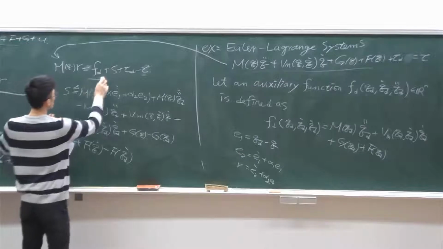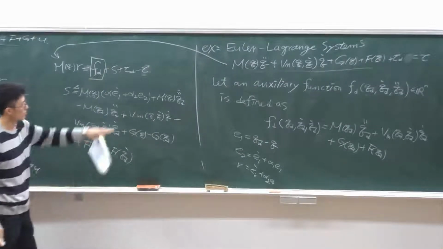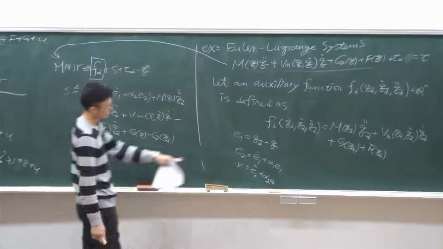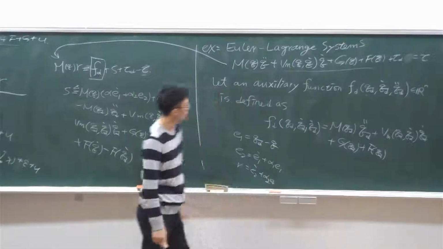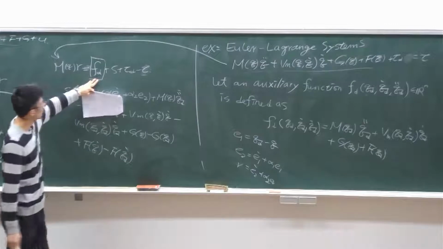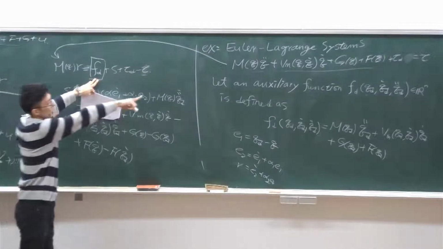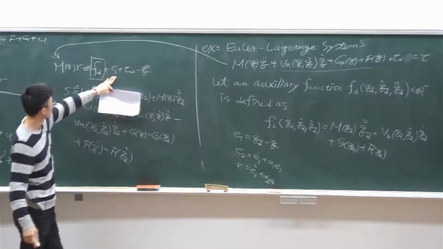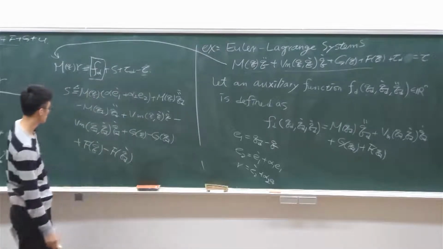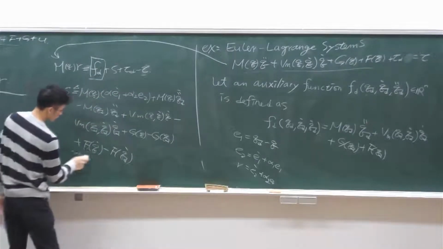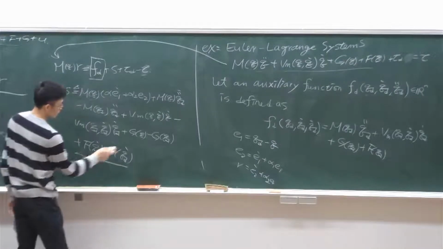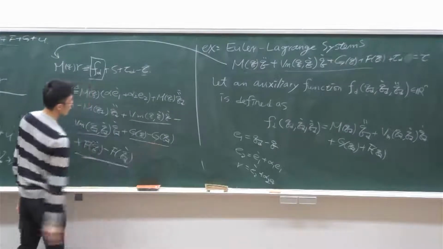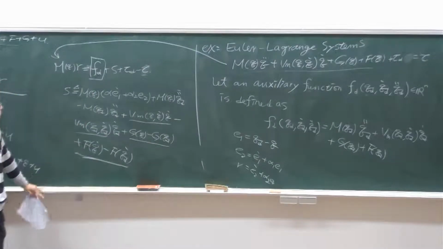So now we use FD, the auxiliary function, which is defined as this, to replace some of the open loop dynamics on the right hand side. And S is the terms that include the mismatches for F, for G, for Vm, and M terms.